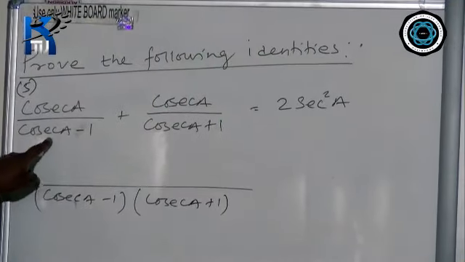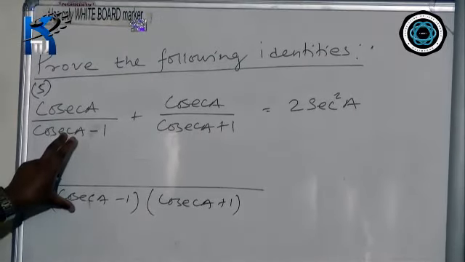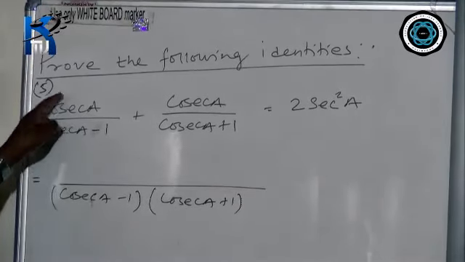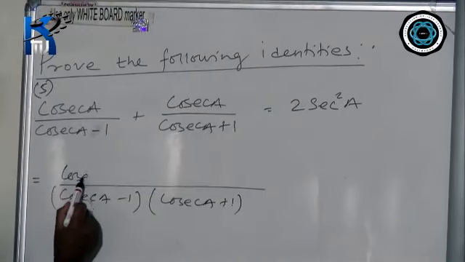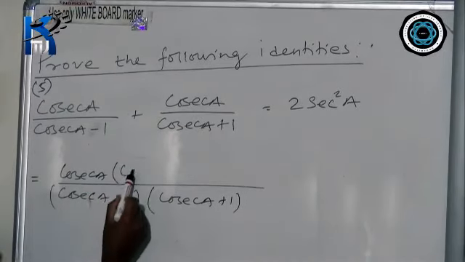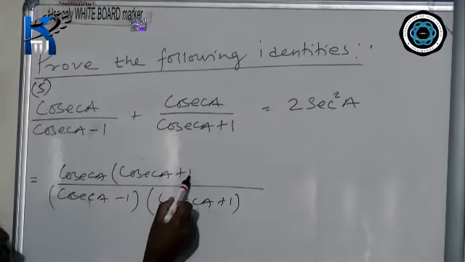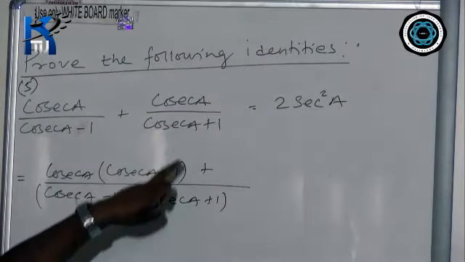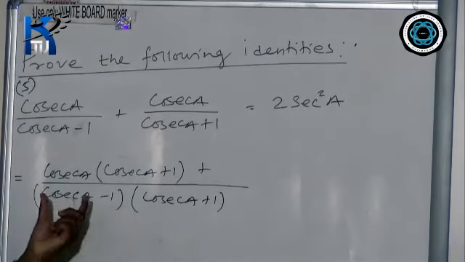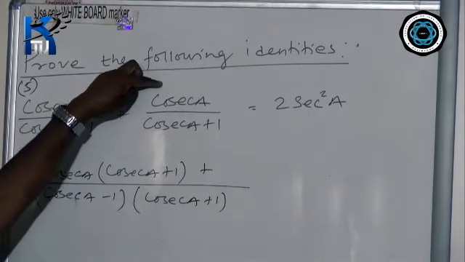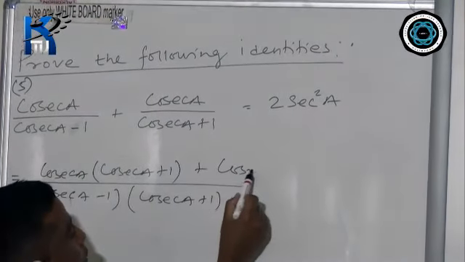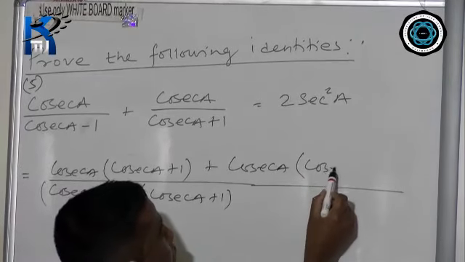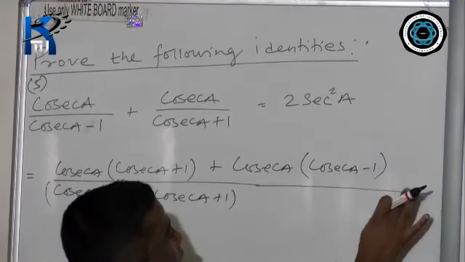Now cosec A minus 1 will get cancelled, and from the LCM it is cosec A plus 1. You have to multiply with cosec A, so that you can write cosec A into cosec A plus 1 plus, similarly cosec A plus 1 will get cancelled. Now cosec A minus 1 into again cosec A. So you write cosec A into cosec A minus 1.